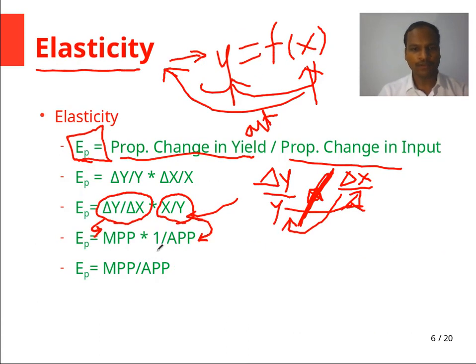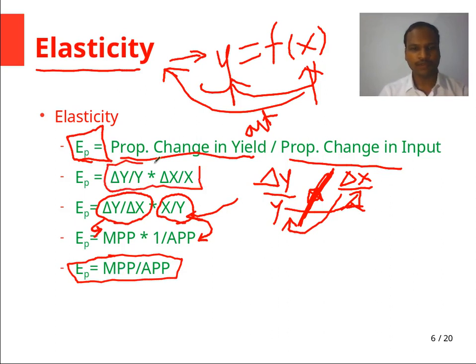So we can simplify them, and we can finalize the formula as elasticity of production equal to MPP divided by APP. So we can easily find the elasticity by dividing these two, MPP divided by APP, or else we can also use this formula.